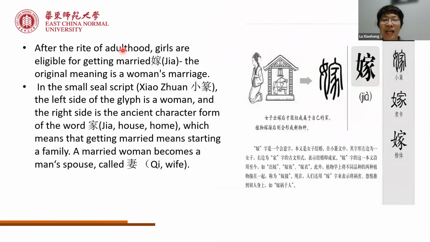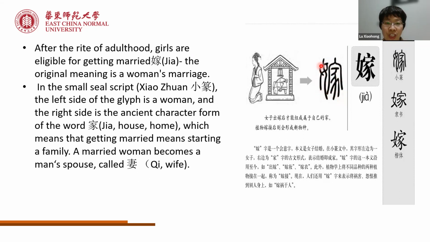Now, after the rite of adulthood, girls are eligible for getting married. That is 嫁. The original meaning is a woman's marriage. In the small seal script, 小篆, the left side of this word is a woman, and the right side is the ancient character form of the word 家. 家 here means house or home, which means that getting married means starting a family.